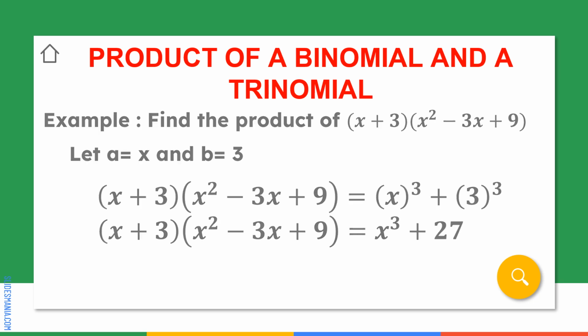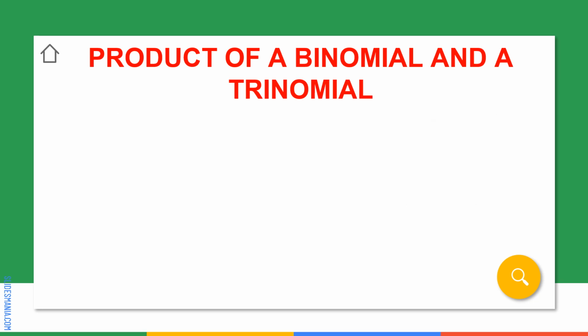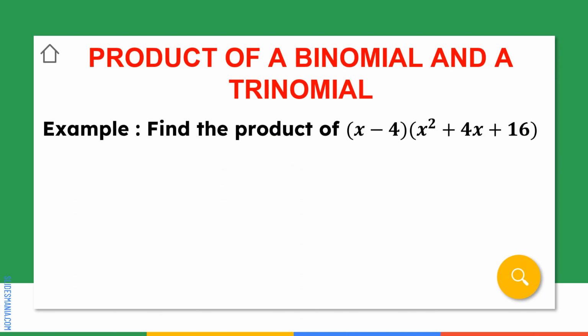Same process will be used if we have minus. So if we multiply x minus 4 times x squared plus 4x plus 16, we let a equals x and b equals 4.